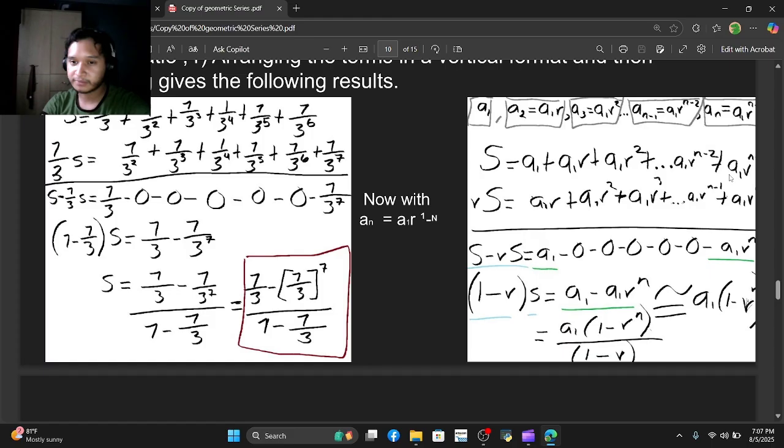So if the first term times r to the power n minus 1, we took this number, we put it here. This number, we put it here. The second to last, we put it to the second. And the second, we put it to the second to last.